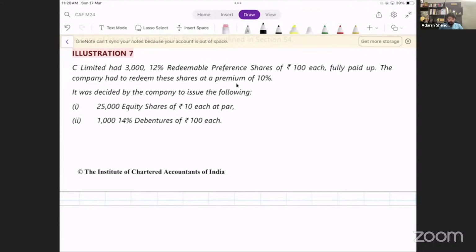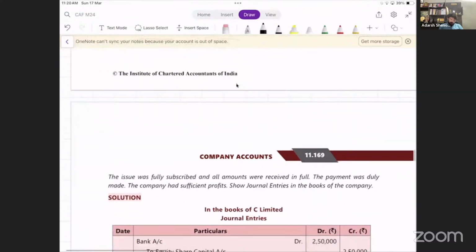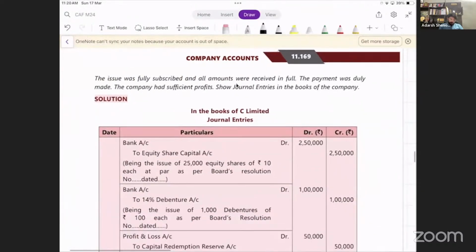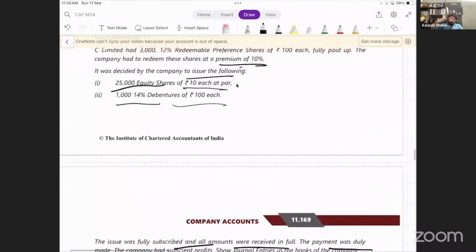For the first time, we are seeing this premium of 10%. So it was decided by the company to issue the following: 25,000 equity shares of 10 each at par, and 1,000 14% debentures of 100 each. The issue was fully subscribed and all the amounts were received in full. The payment was duly made. The company had sufficient profits. Show journal entries in the books of the company.